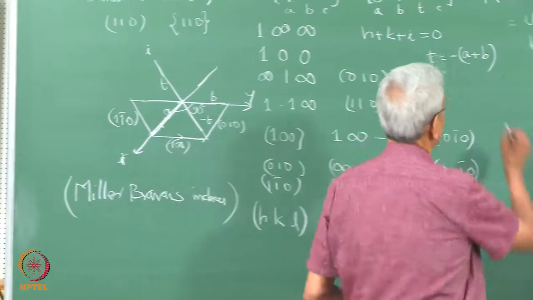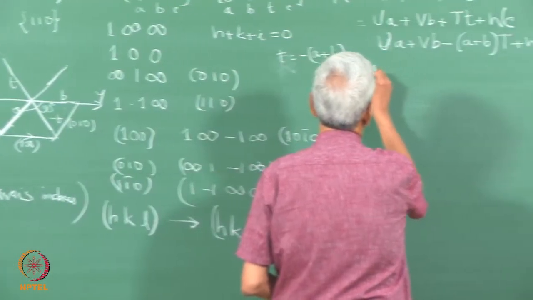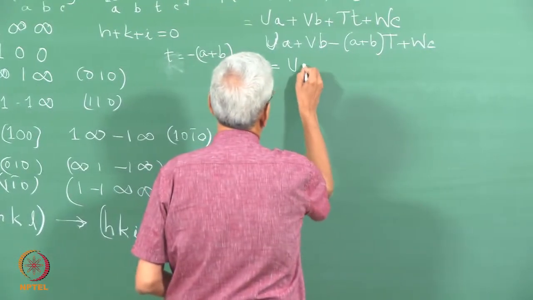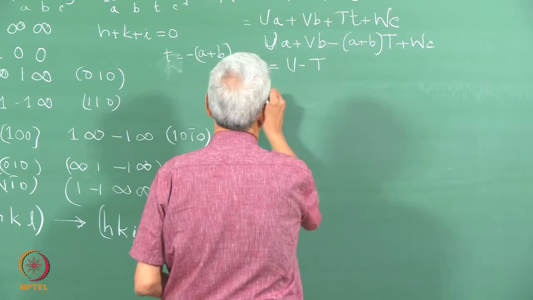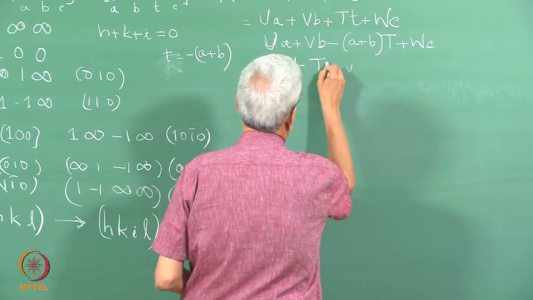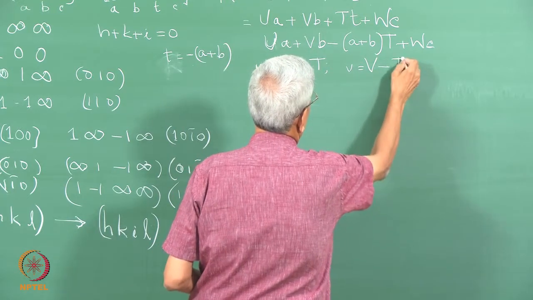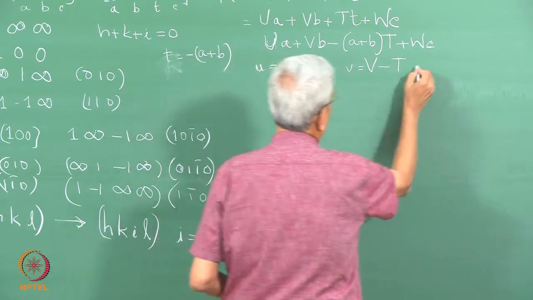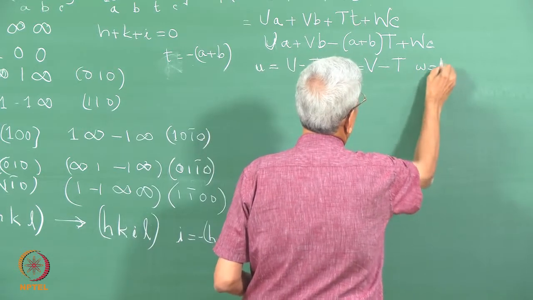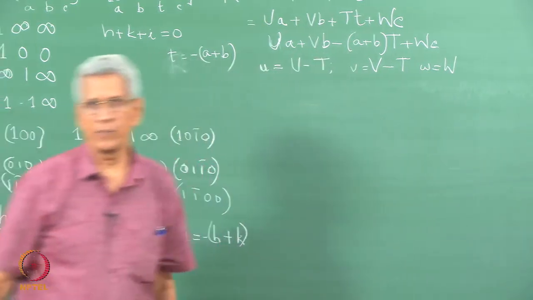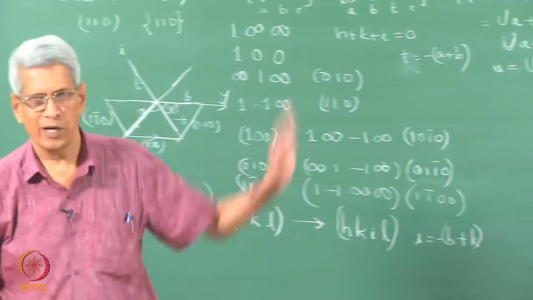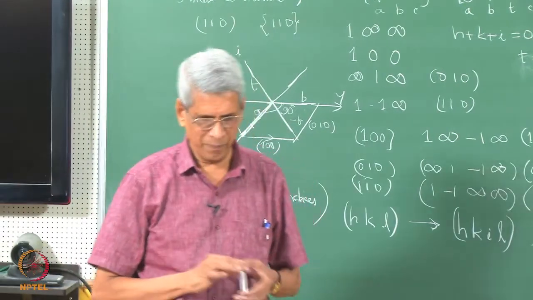This expression will turn out to be: U equals U minus T, V equals V minus T, W equals W. This is how it will turn out to be.